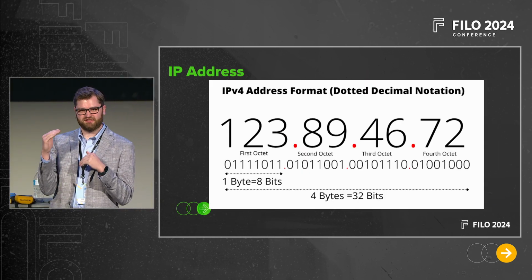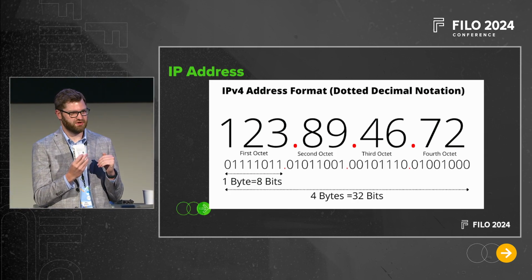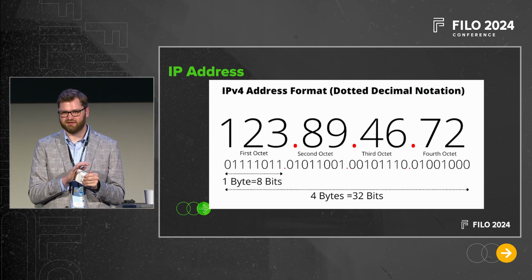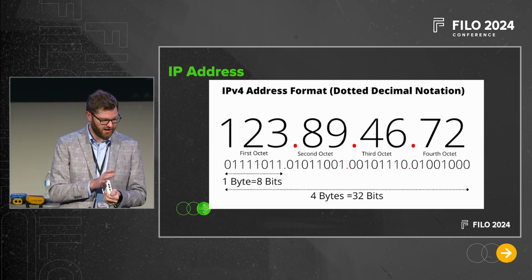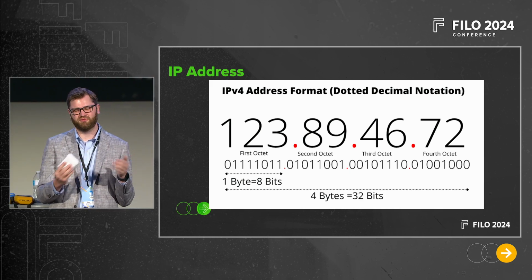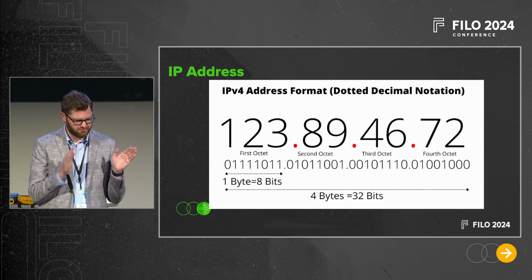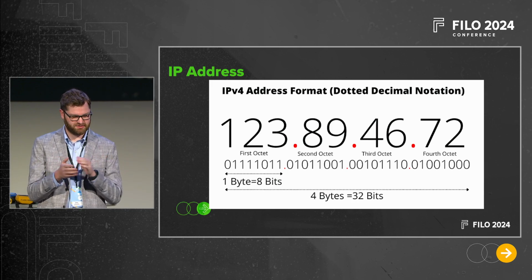So the next step from that: you have your burned-in MAC address, which you can't change, and then you have a logical IP address that you assign to your device. An IP address is written in binary, and this will help a little later on as we talk about subnetting. You have 4 octets. Each octet is 1 byte, and 1 byte is 8 bits.